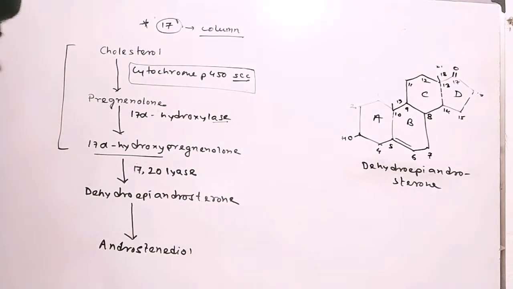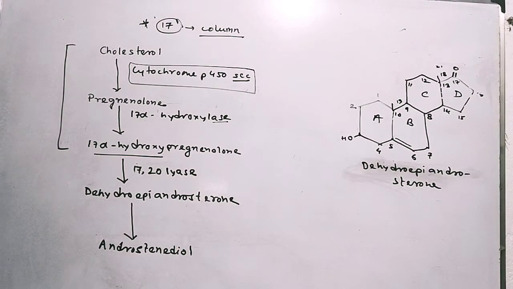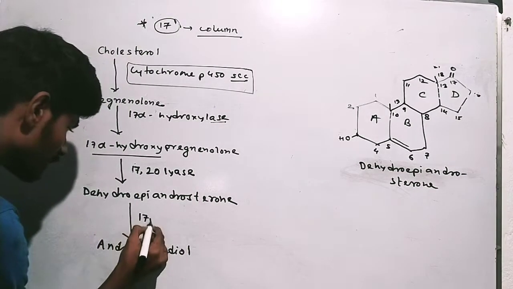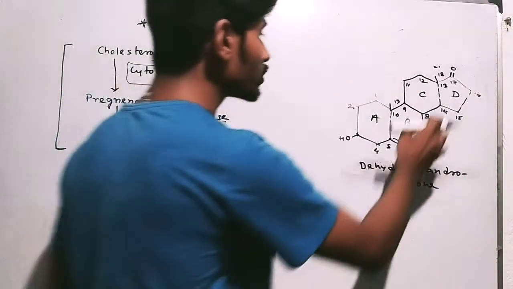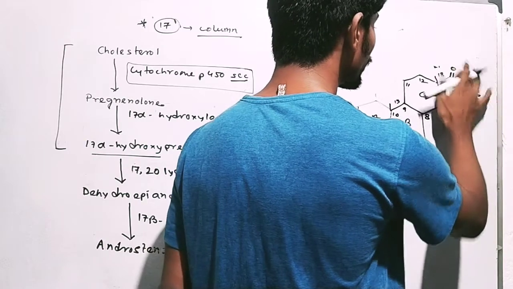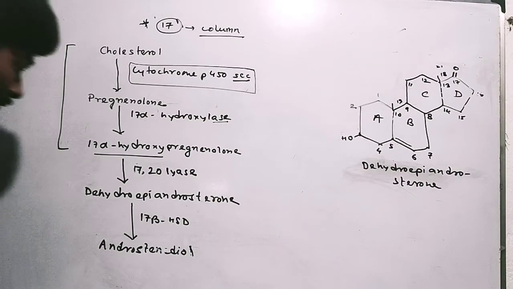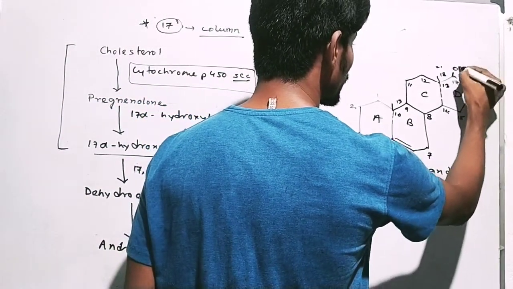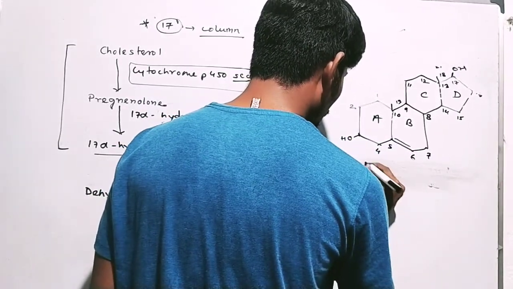Okay, so here the enzyme is the 17 beta HSD, which actually introduces a hydroxyl group here, in the 17th position. So there is this hydroxyl group present, and now it is the androstenediol.